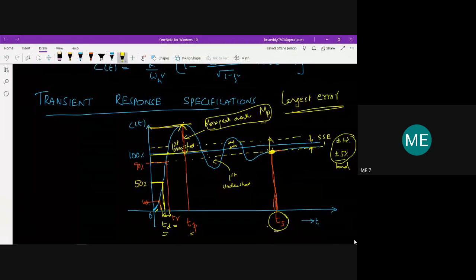So these are the definitions of the four transient response specifications, and we can discuss the derivations in the next class.